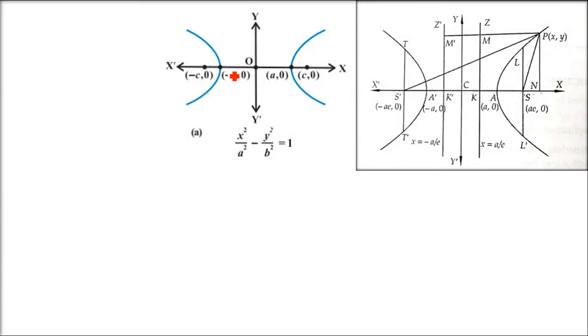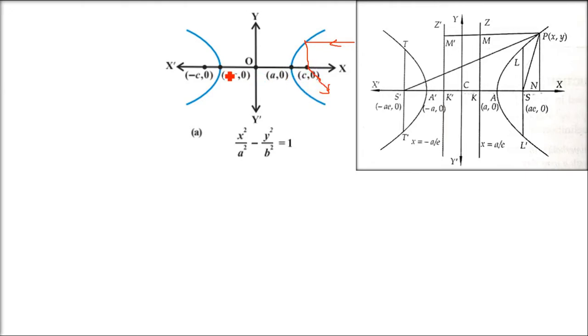Every hyperbola, parabola or ellipse will have a focus. In physics terms, whenever light from infinity is coming, it is going to converge at the focus. There are 2 foci.